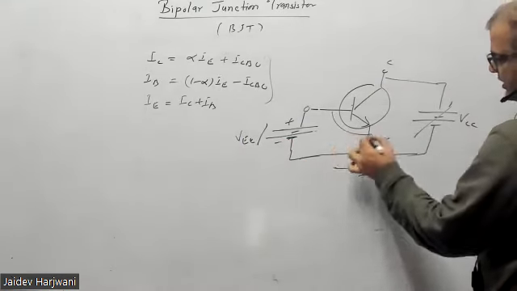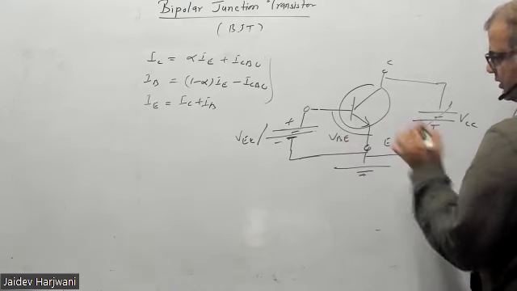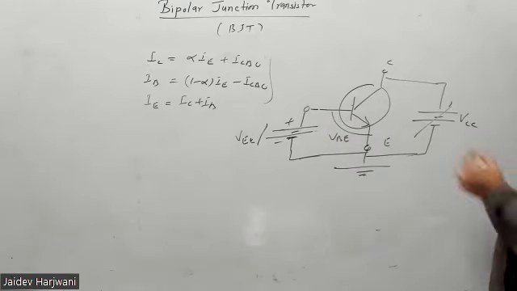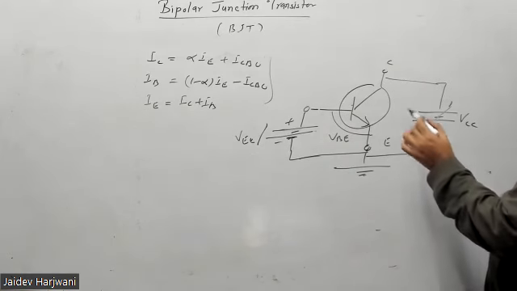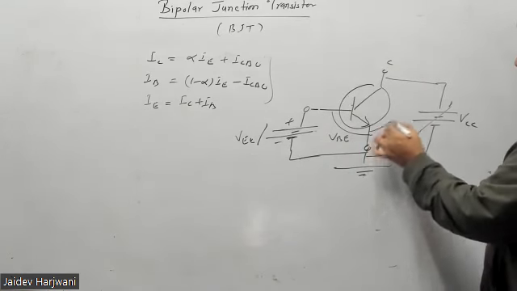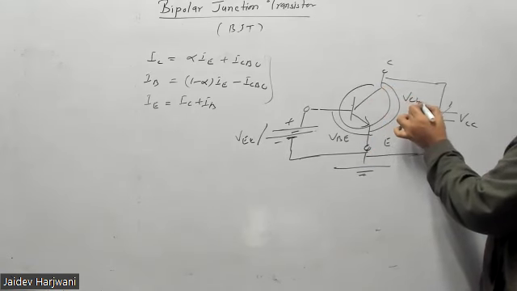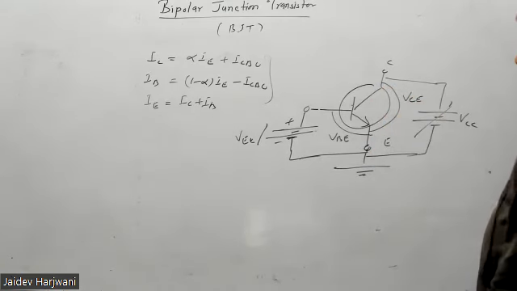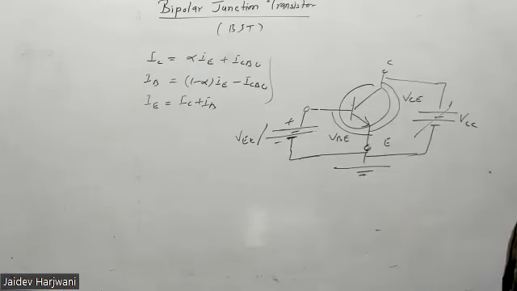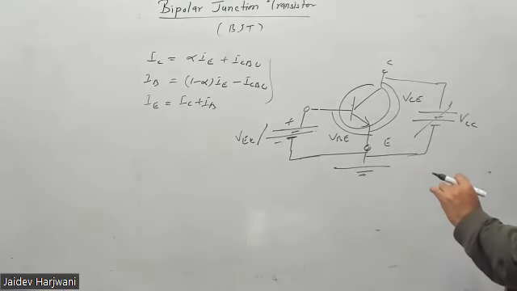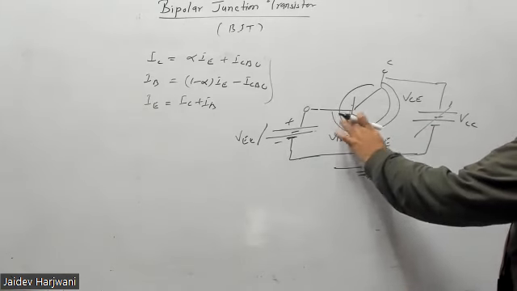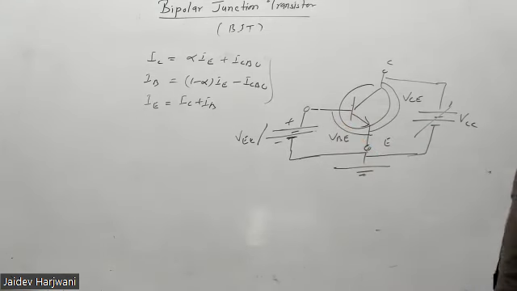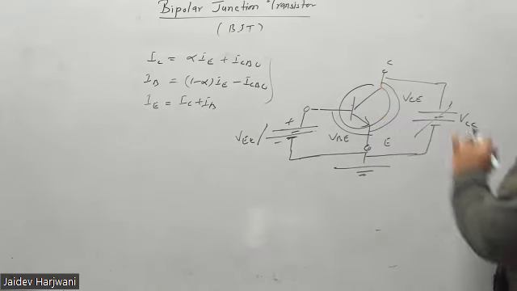And again, this is VBE. VB is positive, VEB negative. And here you're applying VCE. Now input and output change. Input is base-emitter, and output is collector-emitter.